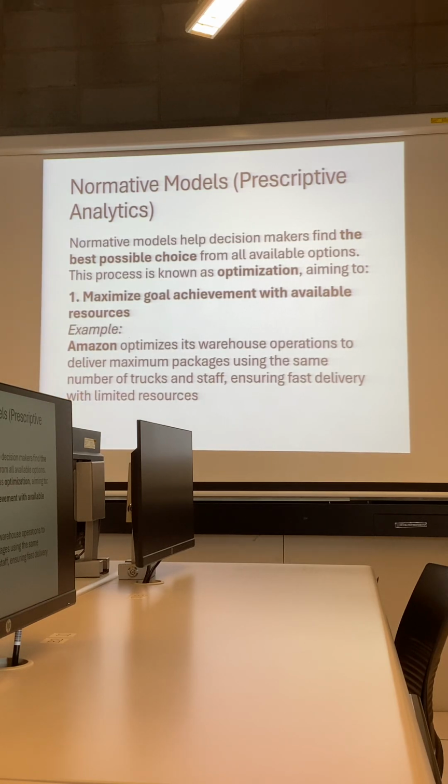This process is known as optimization, aiming to maximize goal achievement with available resources. For example, Amazon optimizes its warehouse operations to deliver maximum packages using the same number of trucks and staff, to ensure fast delivery with limited resources.